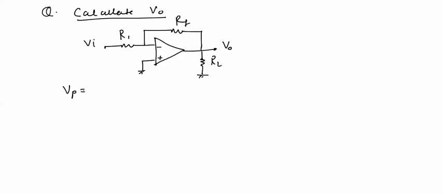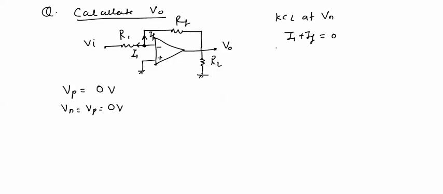The analysis procedure will be the same. Vp equal to 0 volt, Vn equal to Vp equal to 0 volt according to the virtual ground concept. When we apply KCL at this point, we will have one current IF, one current I1, and we know that input current is 0. So when we apply KCL at Vn, we get I1 plus IF equal to 0.